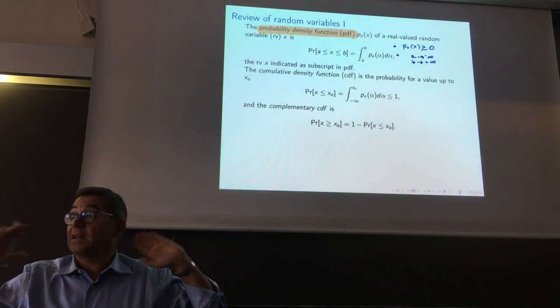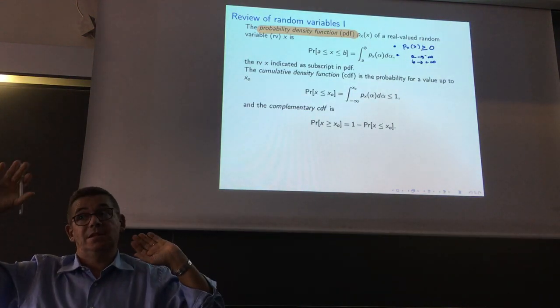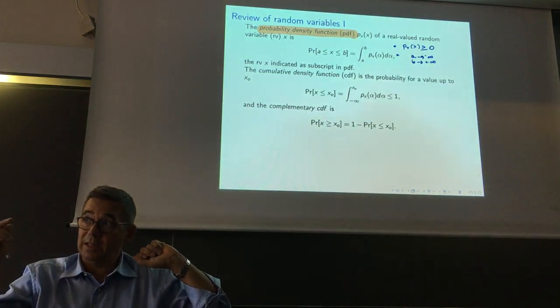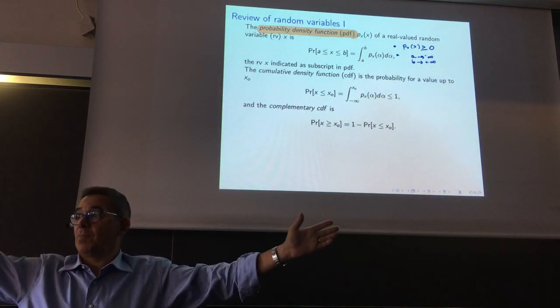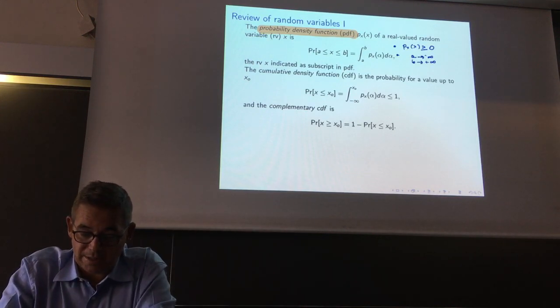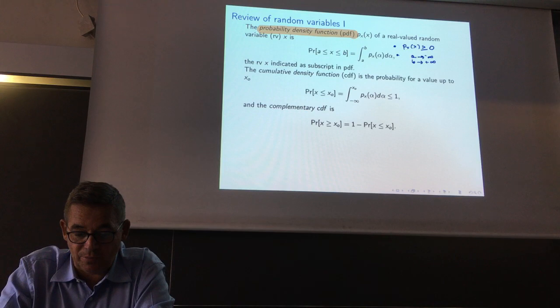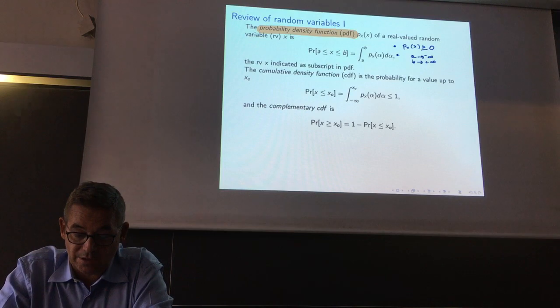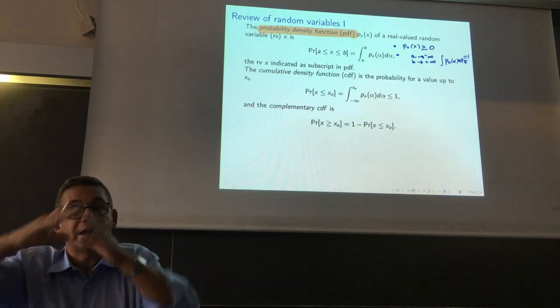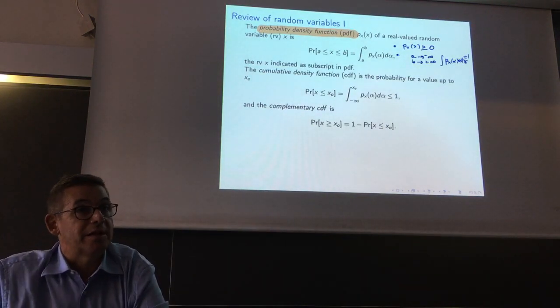So the probability that the random variable stays between minus and plus infinity is 1, because that random variable exists. In this case, for a going to minus infinity and b to plus infinity, the integral of px of alpha d alpha is equal to 1. So the overall area is normalized to 1.